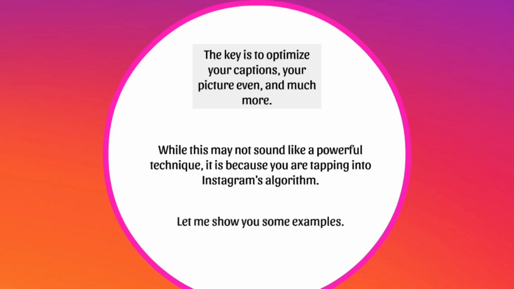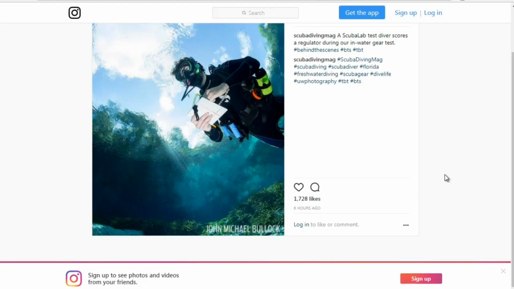All right, so let me show you some examples of how this works. Okay, so what I want to do is I want to show you a very quick difference between a brand and a personal lifestyle kind of Instagram profile. So first things first, this one here is Scuba Diving Magazine.